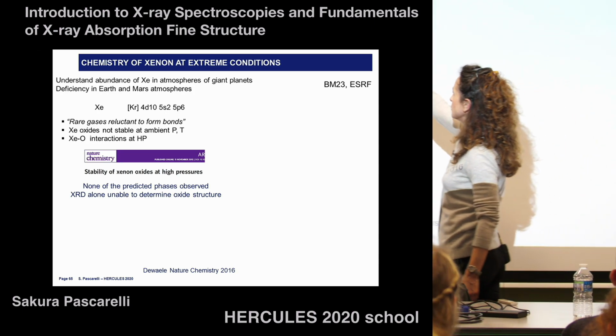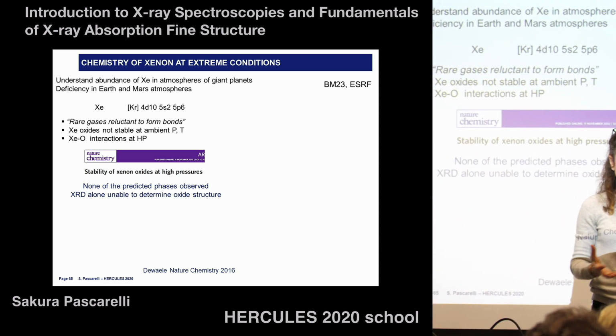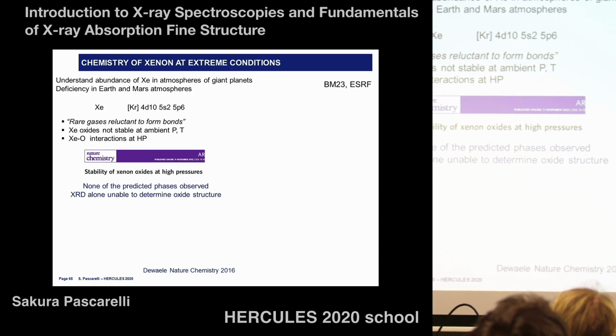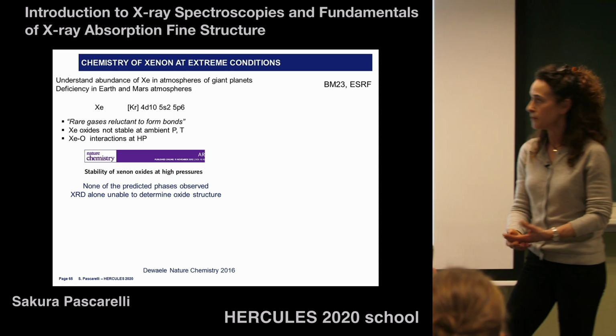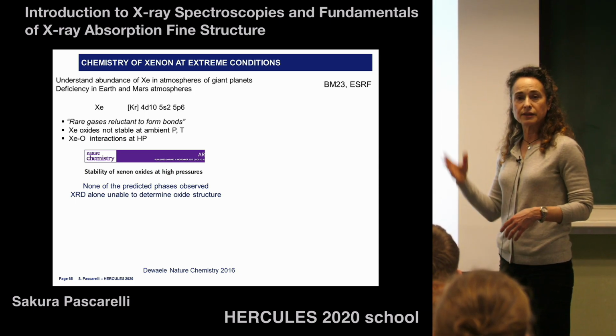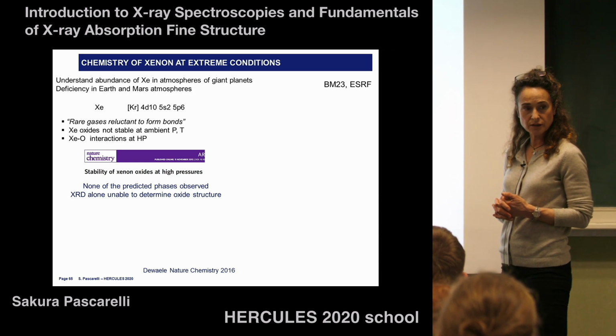Because normally, xenon, like all the other rare gases, they have a closed electronic shell. So normally, these elements are not reactive at ambient conditions, right? Because they have closed electronic shells. However, we know, for example, that xenon does react with oxygen at high pressures.